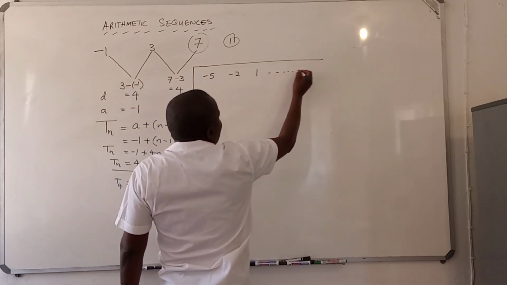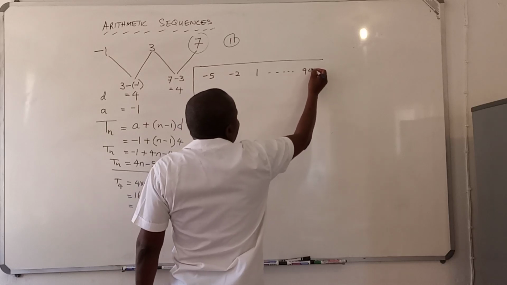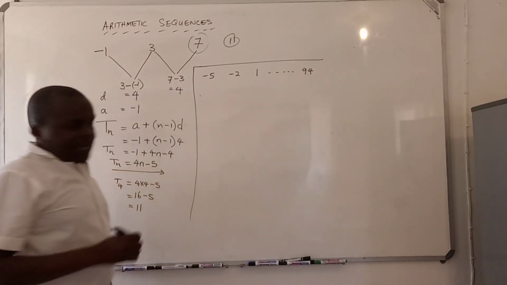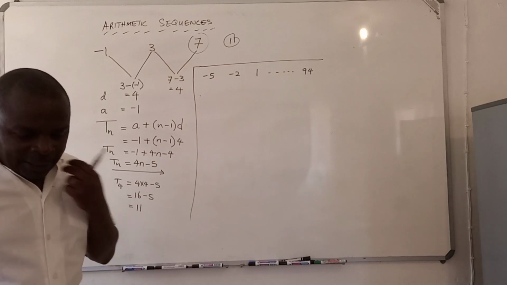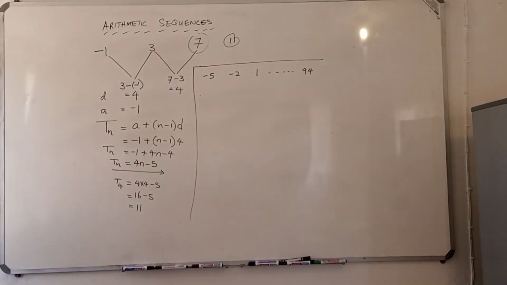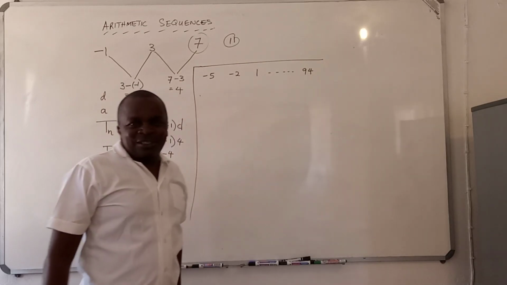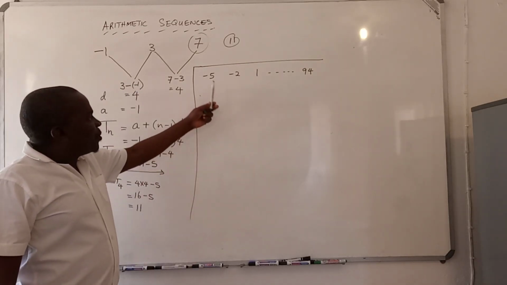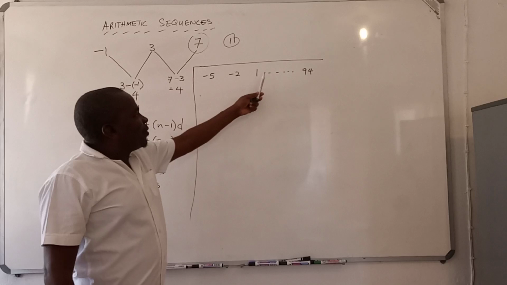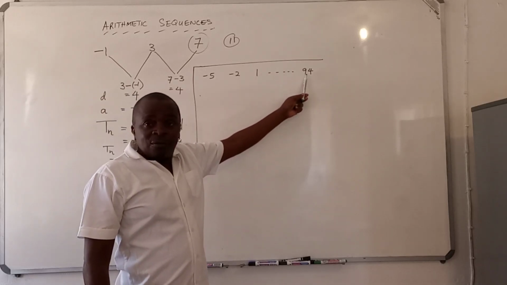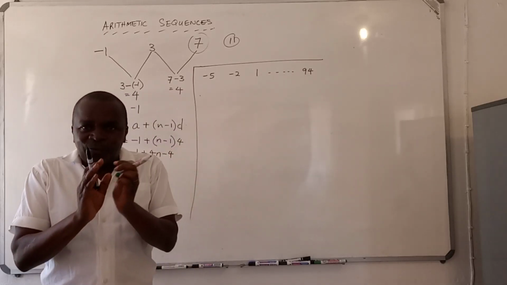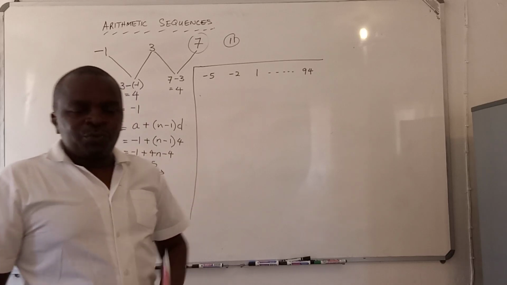This one will go on and on up to 94. Now, the question is, what is the position of 94 in this sequence? Because if it goes on and on, one of the terms in this sequence is 94, but we don't know the position of 94. How do we do it?